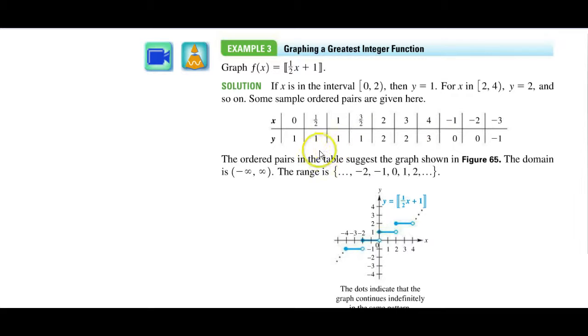And it looks a little confusing, but in this formula, when we put a 0 in there, our y is 1. When we put a 1 in there, it's 1.5. Well, actually a half first.